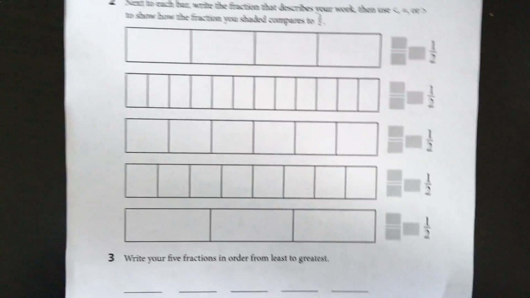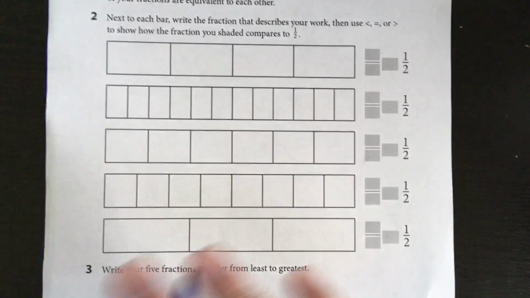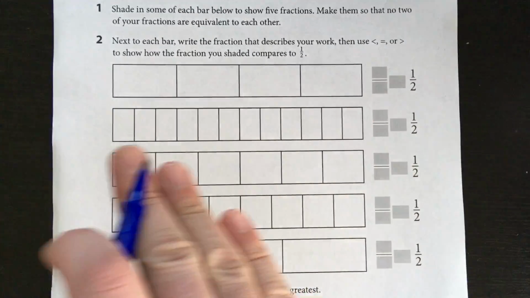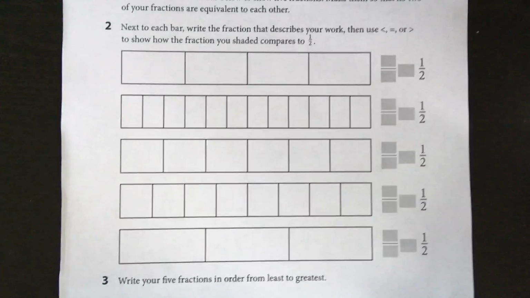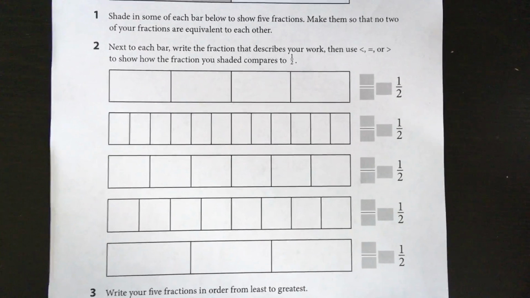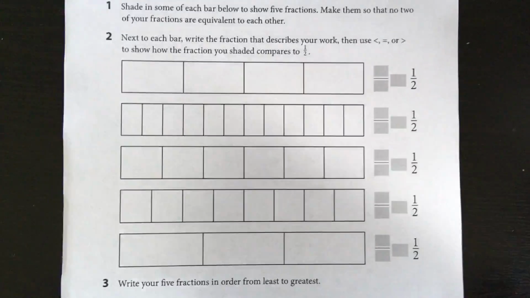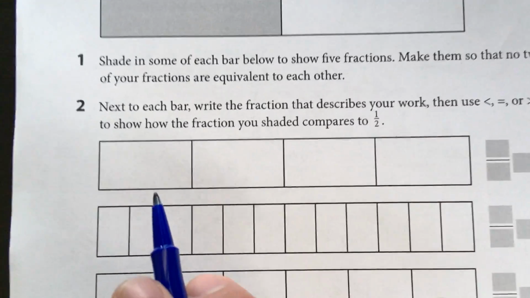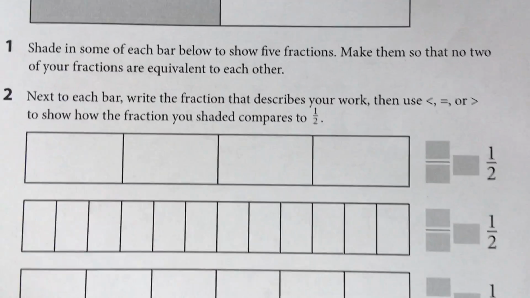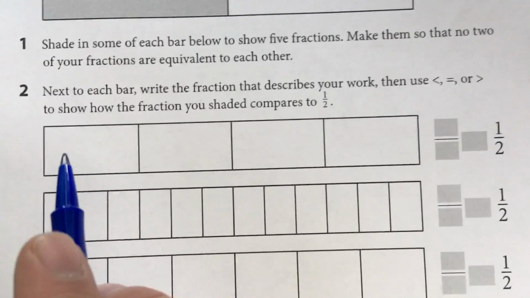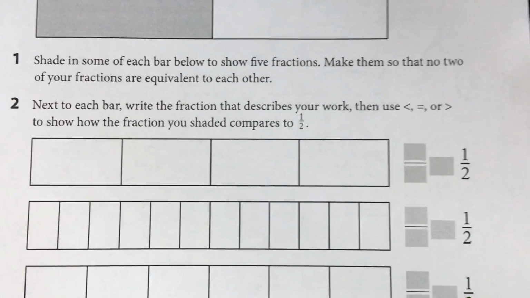So when I'm working with fractions like this, I'm noticing before I do any work that I've got different fractions set up already. These are already broken into different size pieces. So I always want to make sure that I'm thinking about what those pieces are. Like with this first one on the top, I'm noticing that it's broken into 4 equal sized pieces. So I know that as I start filling these pieces in, each piece I fill in is going to be 1/4.